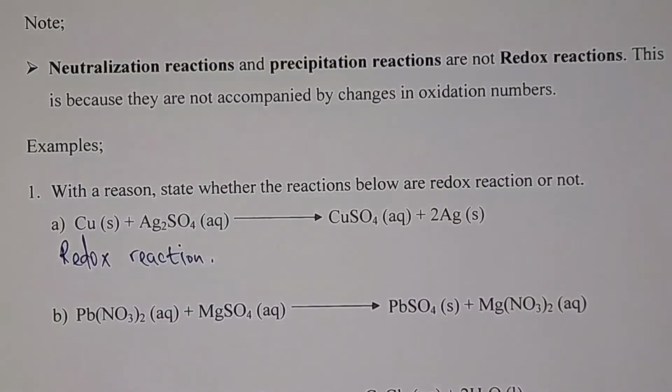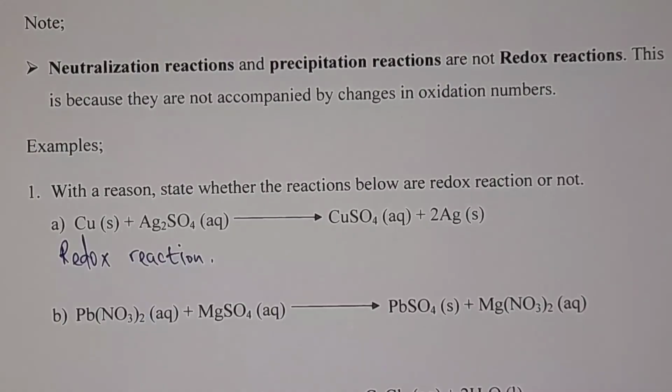So what is the reason? Because we are told to give the reason, we can give several answers. The first one, we can say the reaction involves transfer of electrons from copper metal to silver ions. Second, we can say the reaction involves both oxidation and reduction processes.